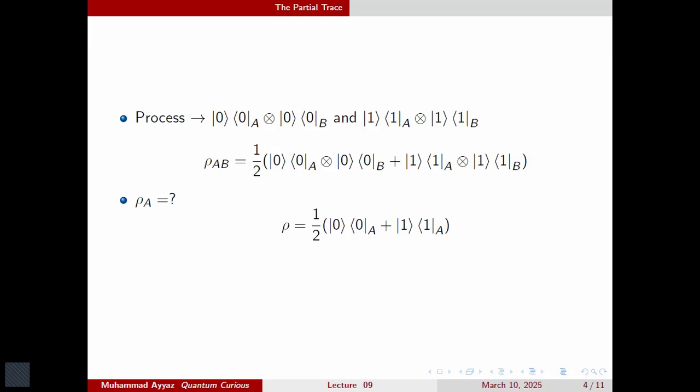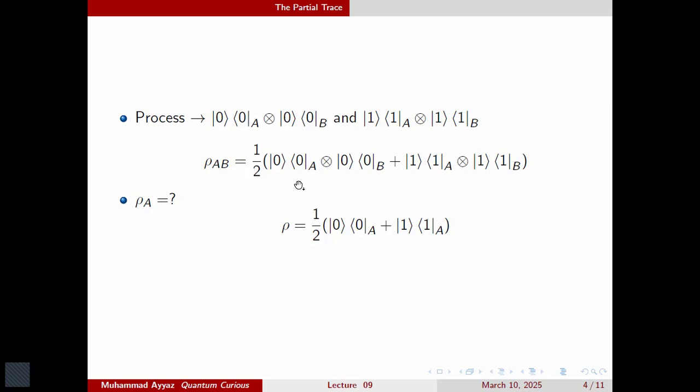We have a process that is preparing two states. Either it is preparing that state or that state, and the probability of obtaining these two states is equal. So we can write the joint state as the addition of these two states, where one half describes their individual probability. In this case, by just looking at this, it is not easy to obtain the individual states of the subsystems.